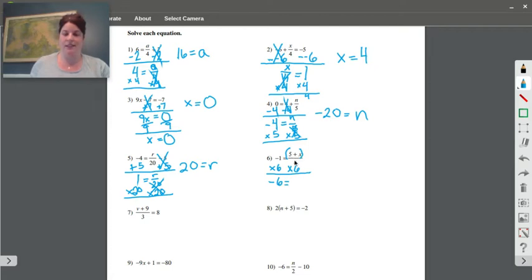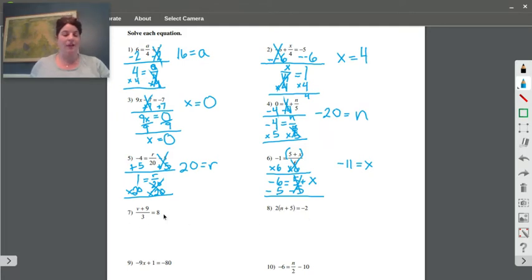And 5 plus x divided by 6 times 6, those cancel out, so it's just 5 plus x now. Now we're going to subtract out the 5 from both sides, and we end up with -11 equals x.